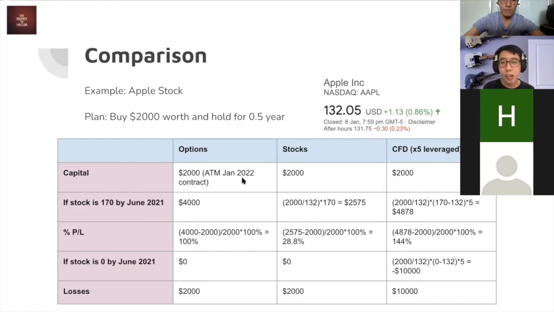So that is the downside of options. That is why we will always recommend a much longer date to expiry so that you have more time on your side to hold it.